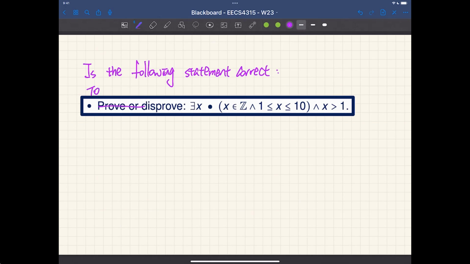To disprove this particular existential quantification, we can just give a witness x equals 1. Right?